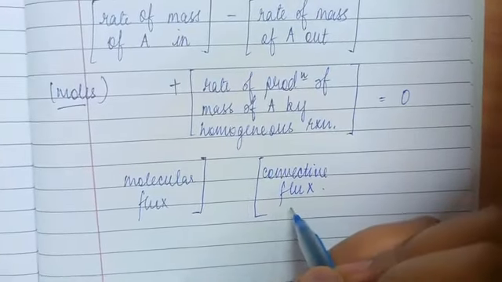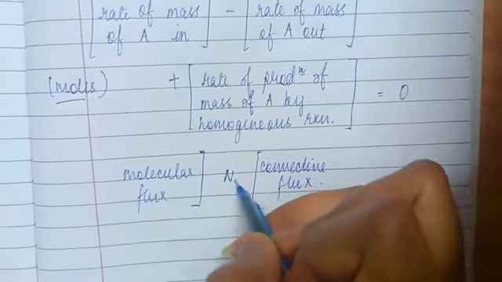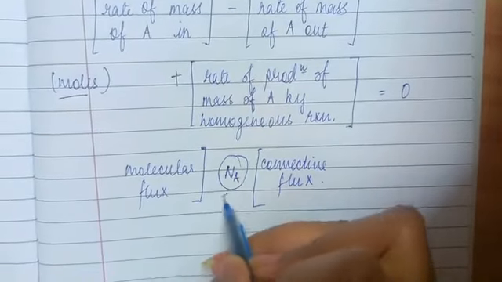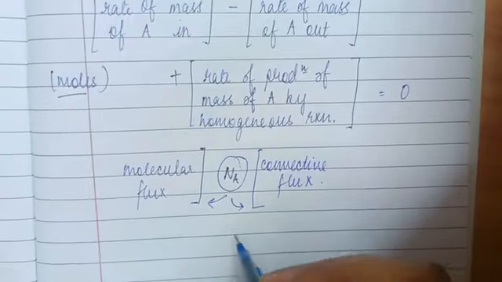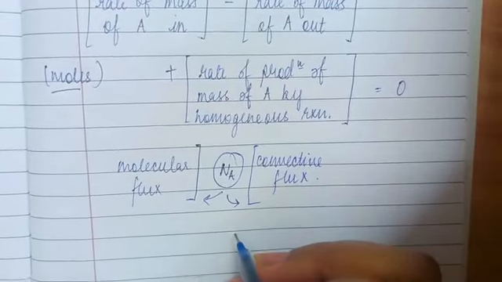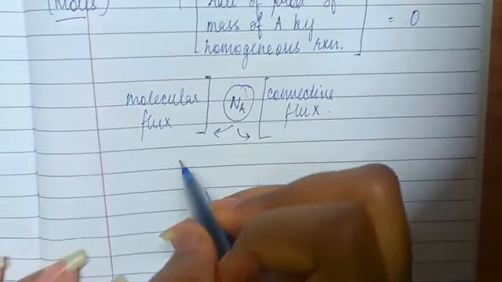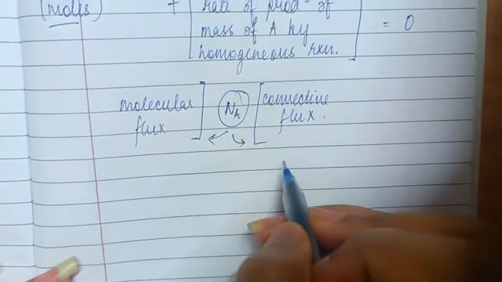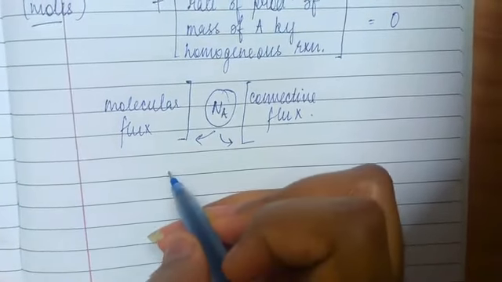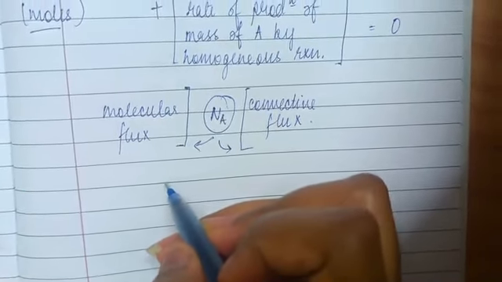Both of these are included in Na. Also, in addition, the species A may be produced or consumed due to the homogeneous chemical reaction.